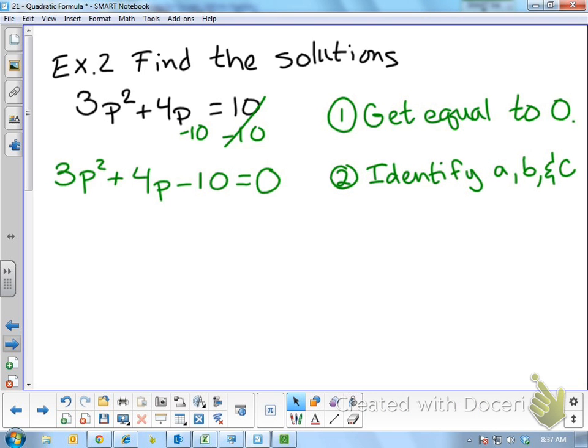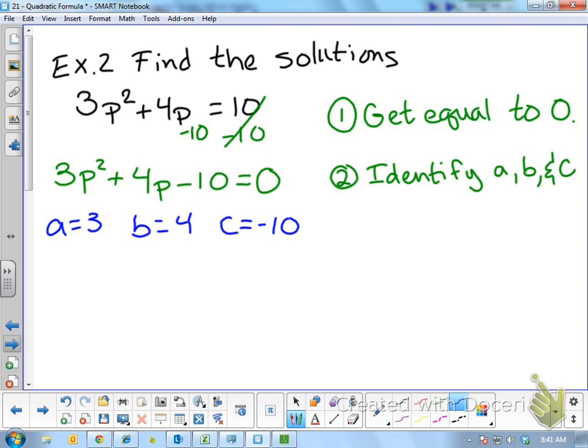I'm going to pause for a second, and I want you to find a, b, and c, and I'm going to come around and see if you're doing that correctly. Okay. So a is 3, b is 4, c is negative 10. Now we can plug it into the quadratic formula.